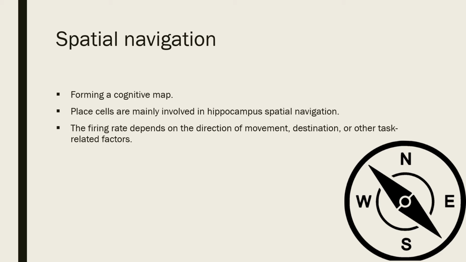Place cells, a type of pyramidal cells, are mainly involved in hippocampal spatial navigation. These cells are activated when an animal enters a particular place in its environment, the place field. However, these cells remain silent when an animal is moving outside the place field.